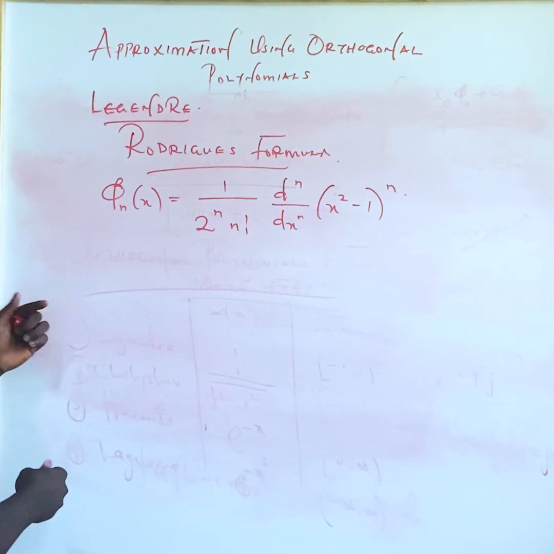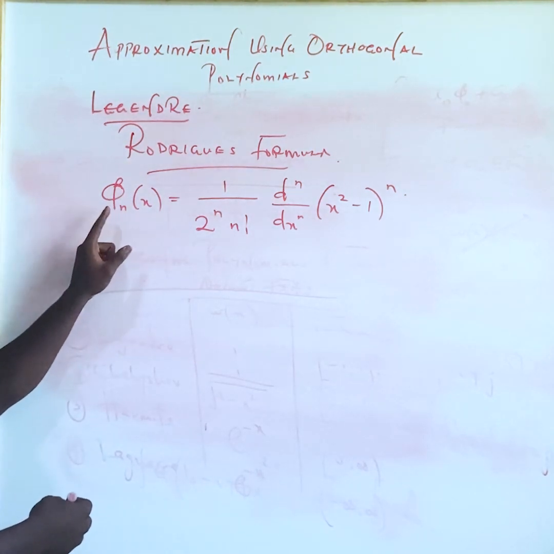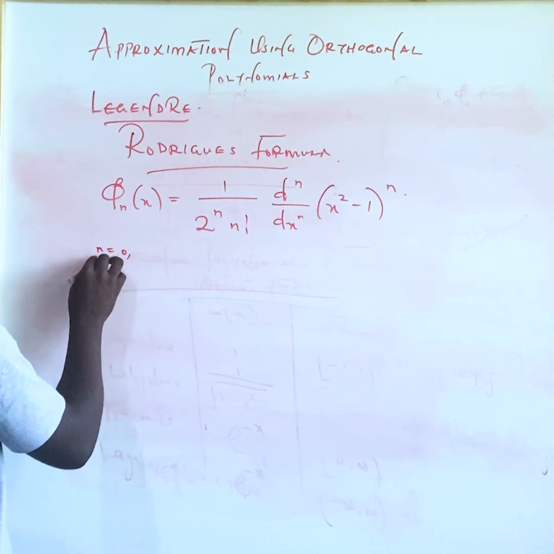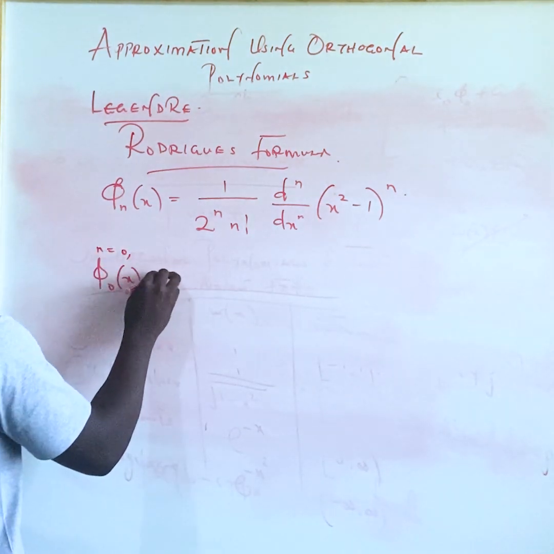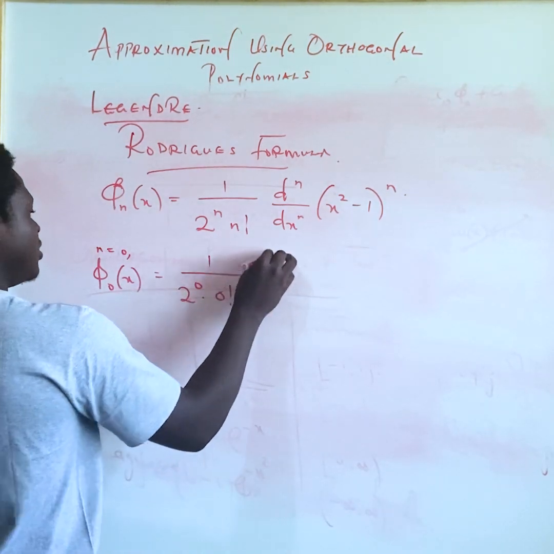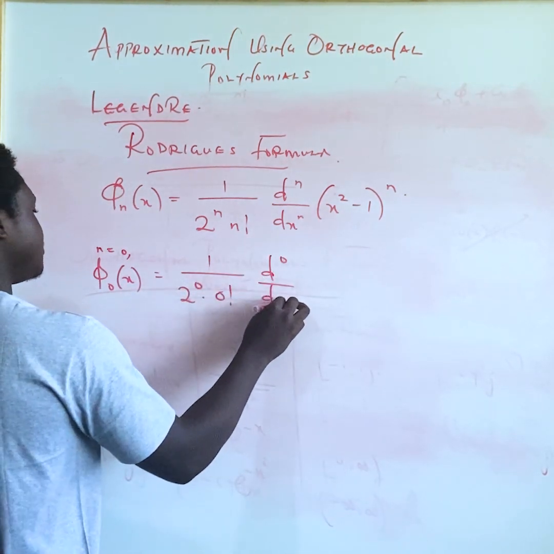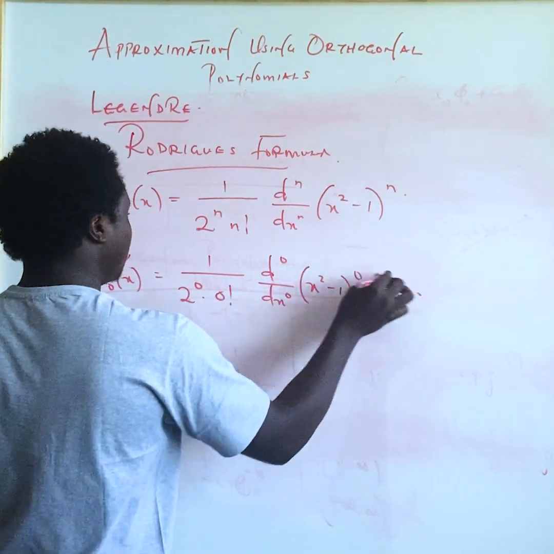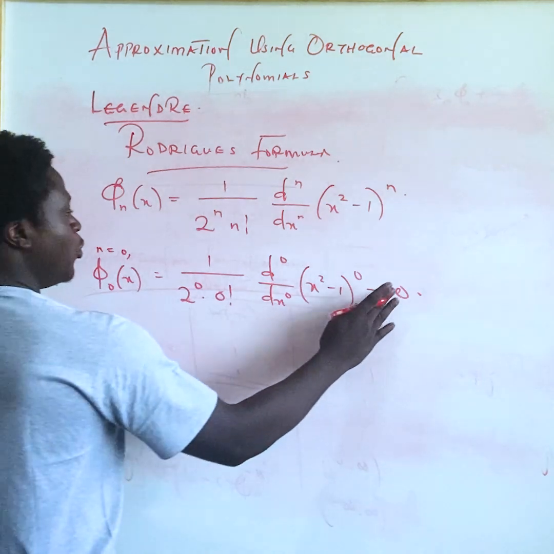So to get phi naught, phi 1, we just replace n with 0, 1, and so on. When n is 0, phi naught of x will simply be 1 over 2 to power 0, 0 factorial, the 0th derivative of x squared minus 1 to the power 0.